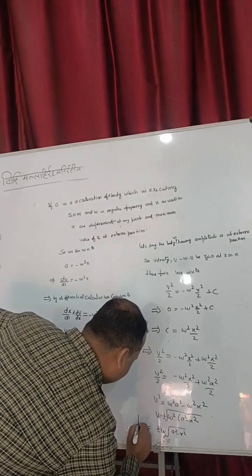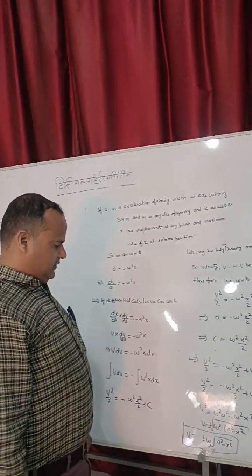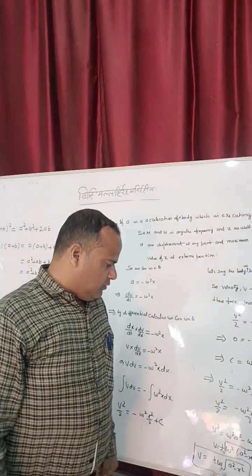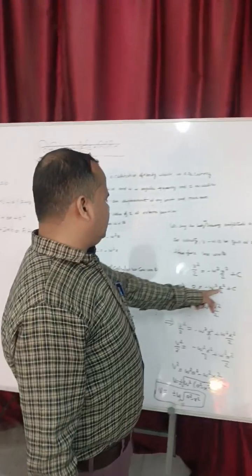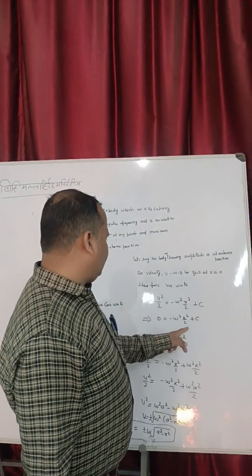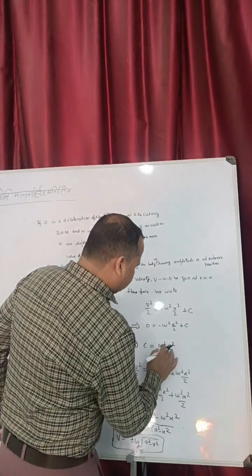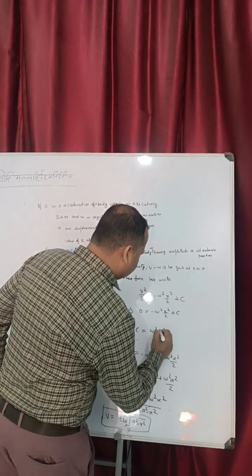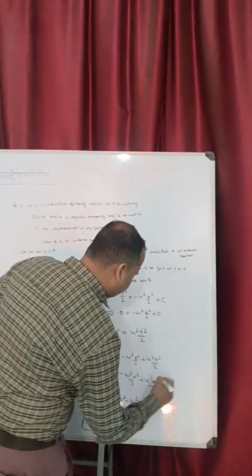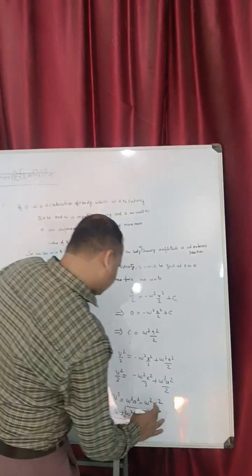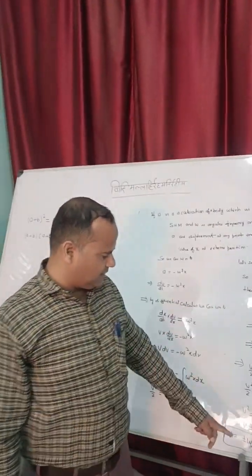This is the explanation for the velocity. Here we have taken x is equal to a, so we write a square. Okay, this is the final expression.